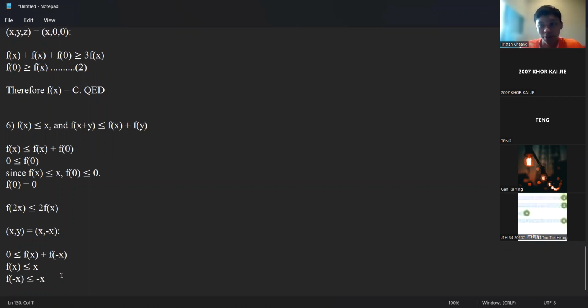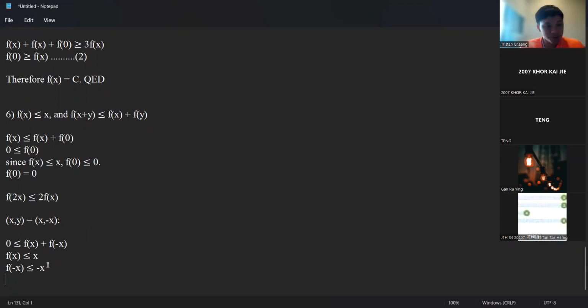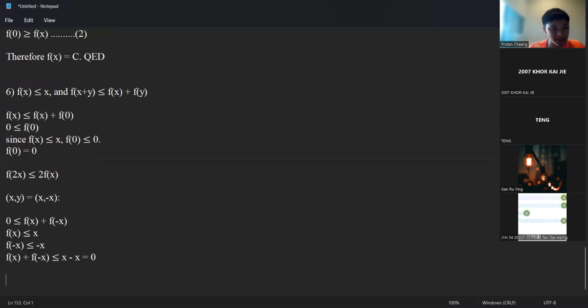I'm not multiplying both sides by -1, just substituting x as minus x. So that means this thing is less than or equal to x minus x, which is 0. And hence f(x) plus f(-x) equals 0.